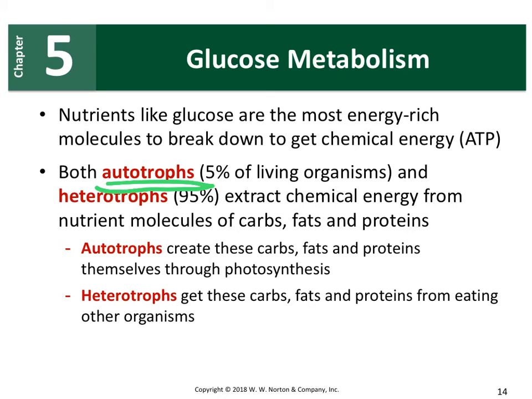Everything else eats what the autotrophs make, and they're heterotrophs like ourselves. So there are 2 chemical reactions going on here. The autotrophs have an anabolic reaction, and the heterotrophs have a catabolic reaction. They break that down. So I'll leave you with that, but this is the whole reason that if you combine these 2 systems together, the whole thing works.